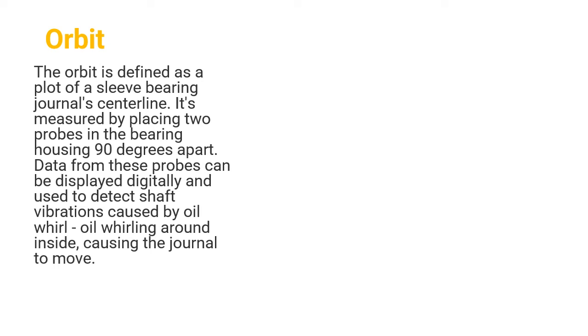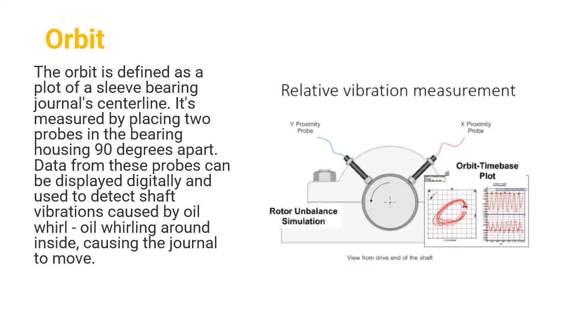Another very important technique is orbit analysis, or we can call it a relative measurement of vibration. So this is the orbit analysis. Instead of one proximity probe, now we have two proximity probes which are at a certain angle.